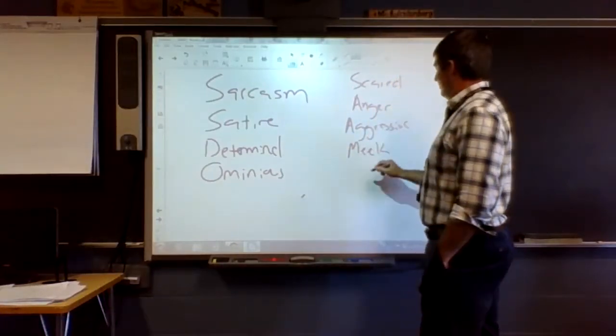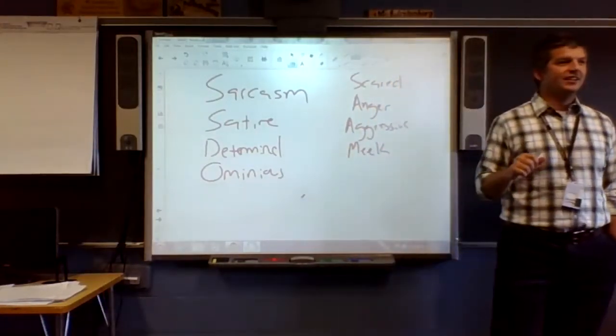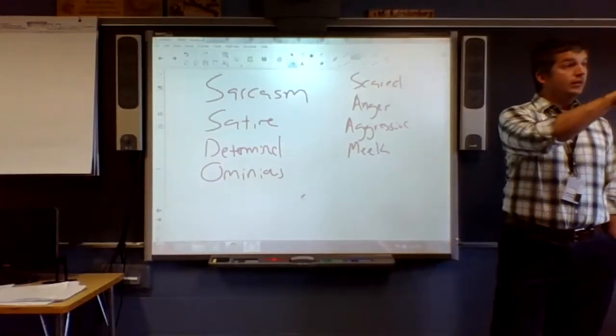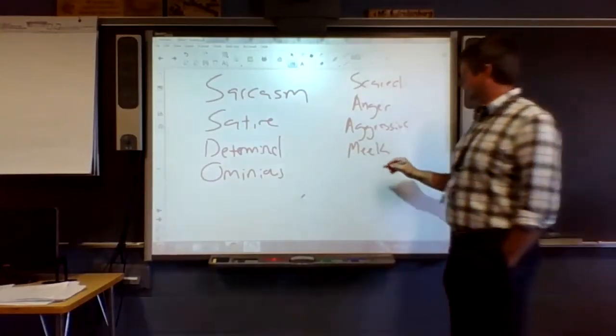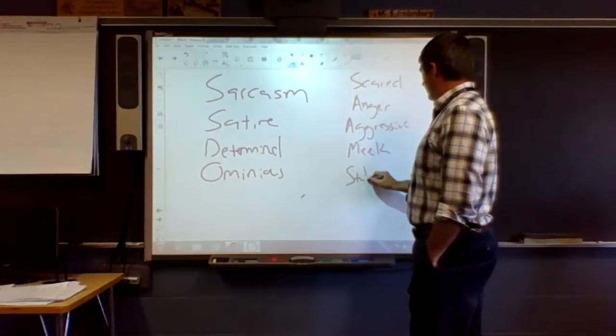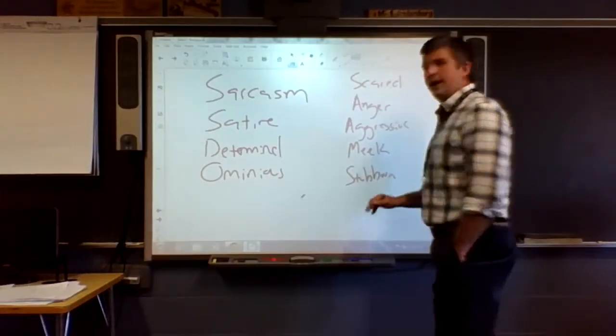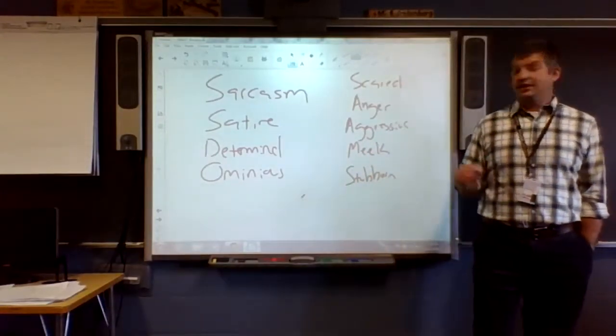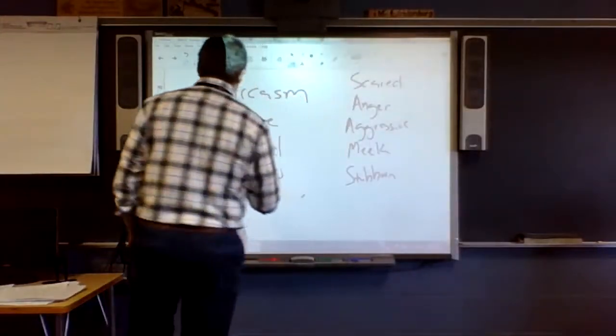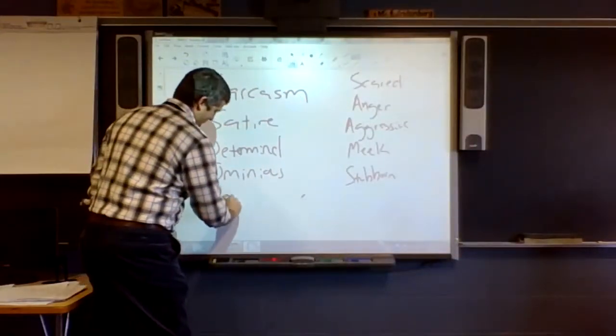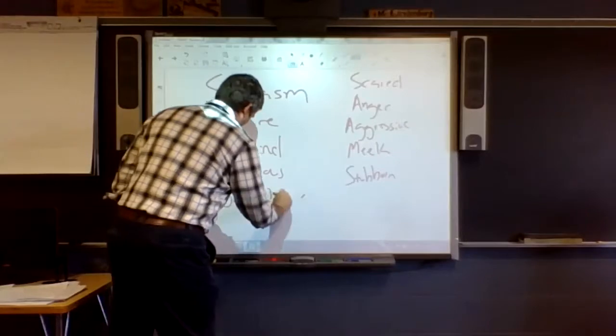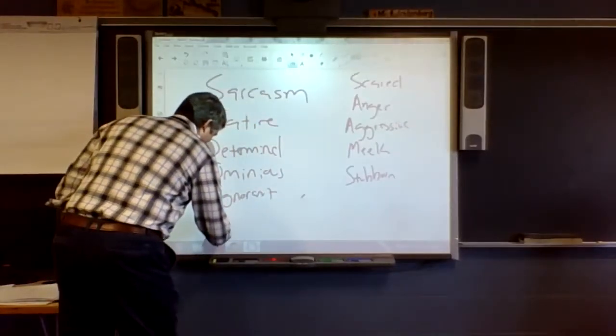Passive. Meek and passive are going to be the same thing. Meek, that is shy. Stubborn. Okay. Ignorant. Yeah. Arrogant. A lot of bad things.